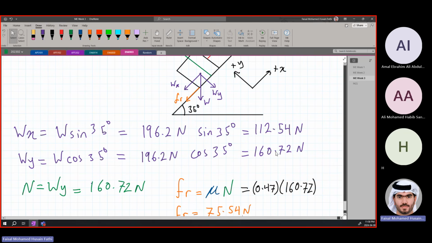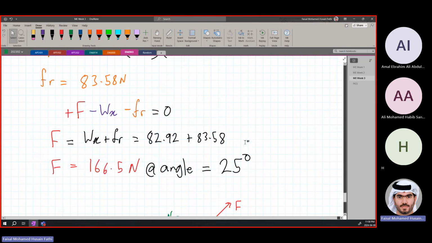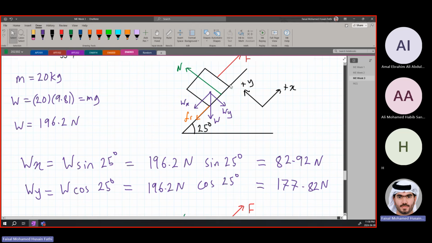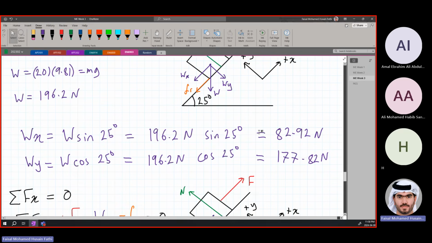This is just a logical thing. If you look at Wx, we have 112.54. Before, Wx was only 82.92, because the angle was smaller. The more flat you go, the less the gravity will pull it down, because you'll have a higher normal force. There's going to be more reaction to hold it back up. This is the whole idea.